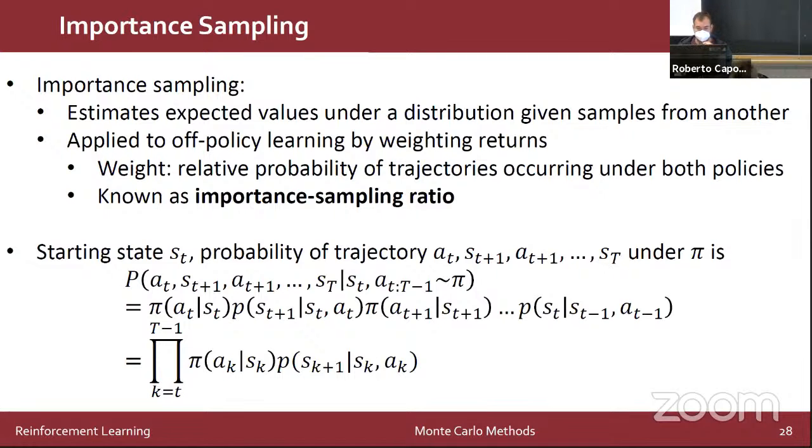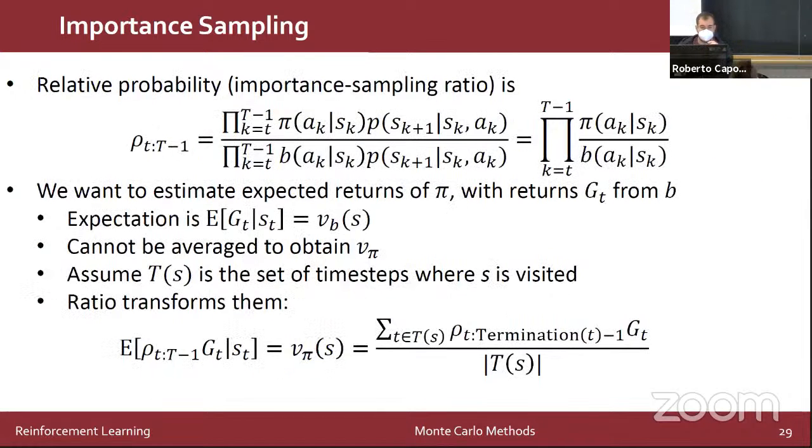So this is straightforward. Now, I said I use importance sampling ratios as the relative probability of the trajectory that is generated by B, which is the behavior policy, and the same trajectory, how it would have been generated by pi. So with which probability this would have been generated by pi.